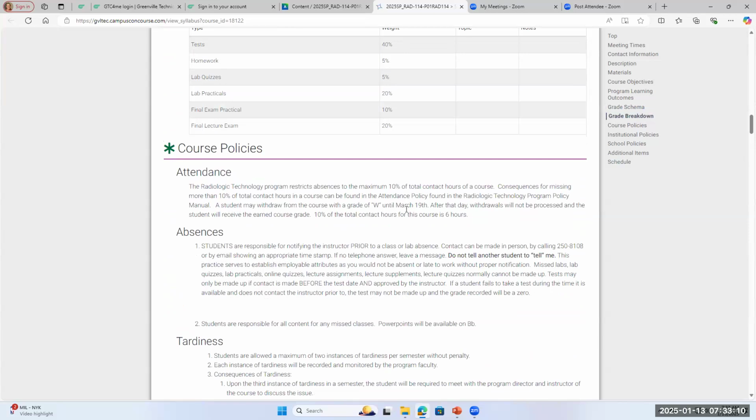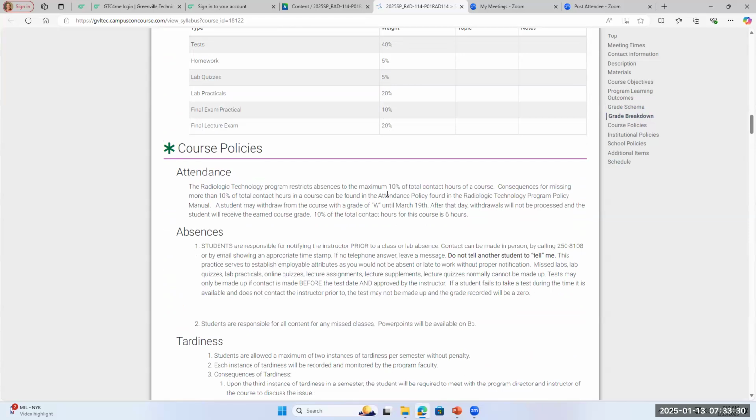Course policies, attendance has not changed. It's still 10%. You don't want to miss more than 10% of a class. There's consequences to that. The college attendance policy has not changed. If you have not been in class in 14 days, then you get withdrawn from the class.